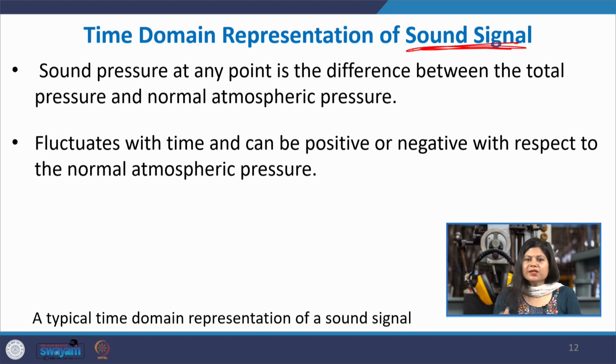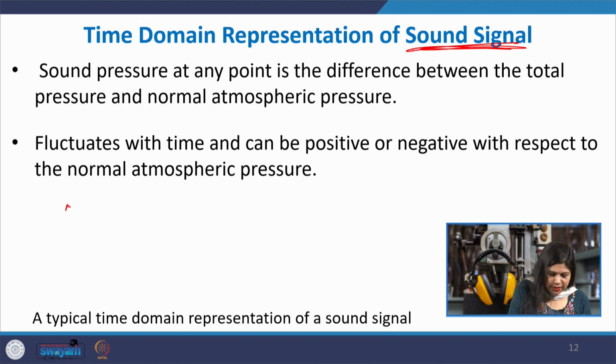These electrical voltages are then measured and represented. That is called the sound signal, which is obtained from an instrument or a transducer that converts the vibrations of the particles into an interpretable fluctuation in the electrical voltage. Okay, so this is how it can be.